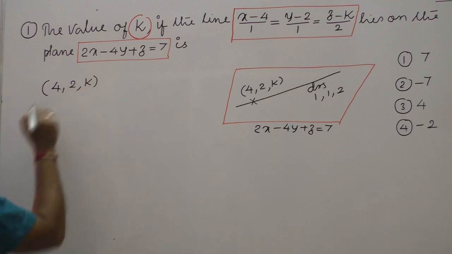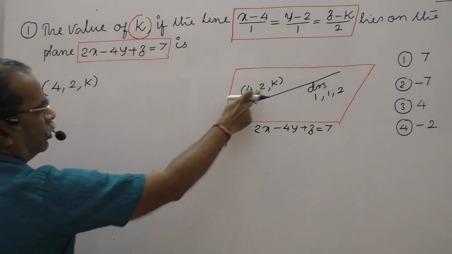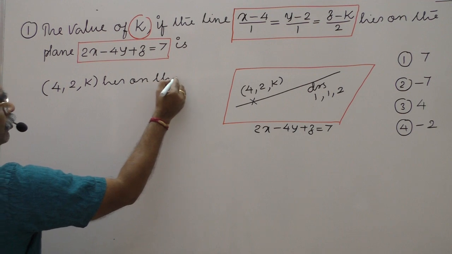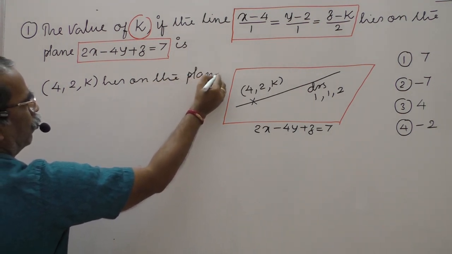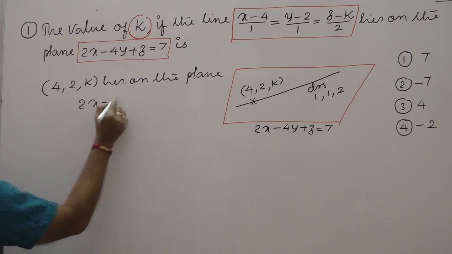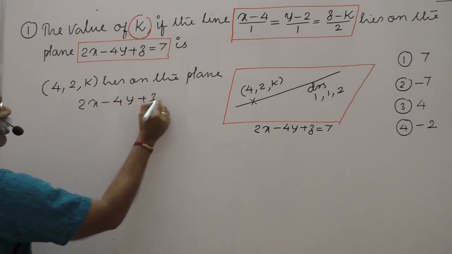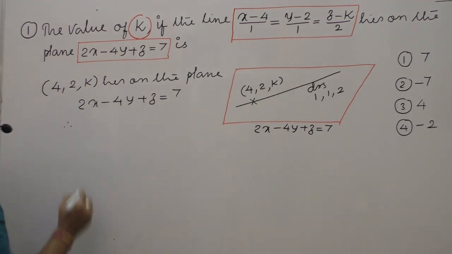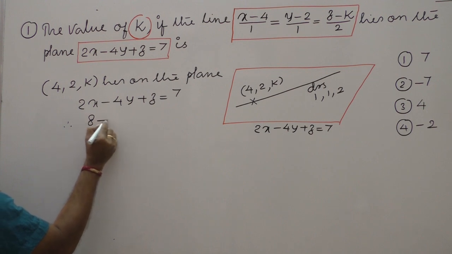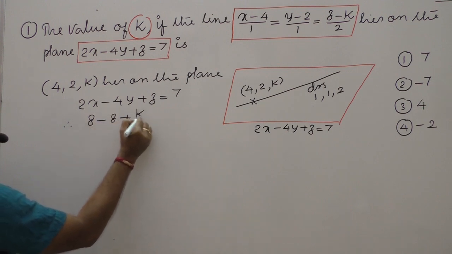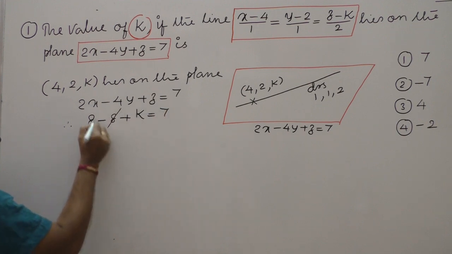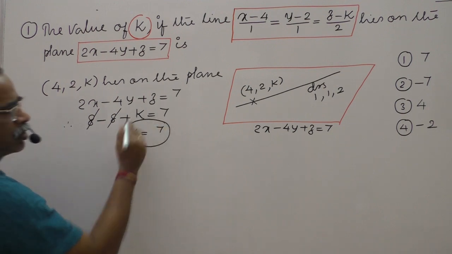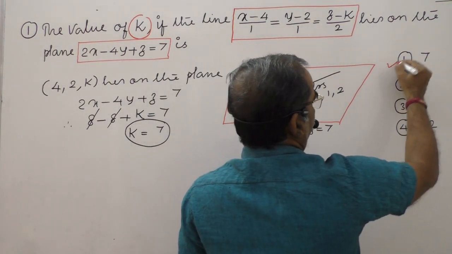Since the point on the line also lies on the plane 2x minus 4y plus z is equal to 7, it has to satisfy the equation. Substitute: 8 minus 8 plus k is equal to 7, so minus 8 plus 8 cancel. What is the k value? K value is 7. Therefore, first option.